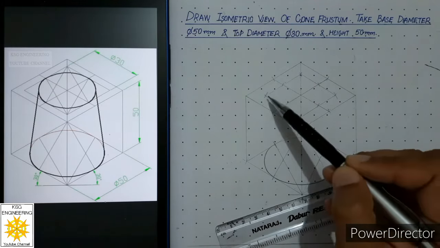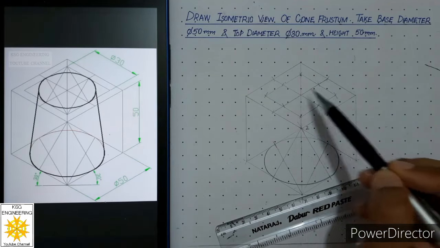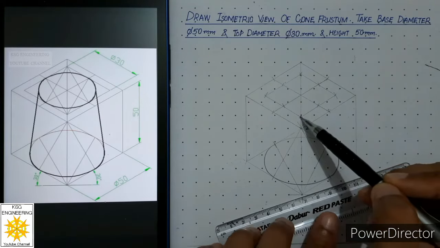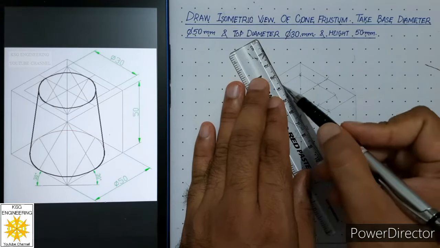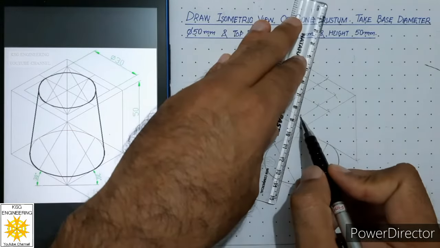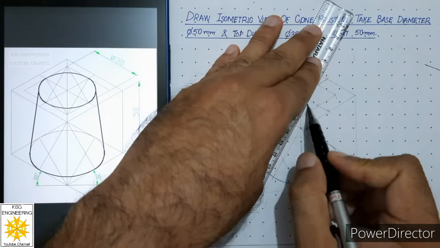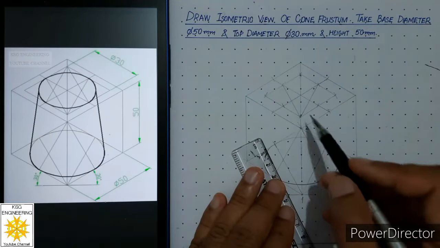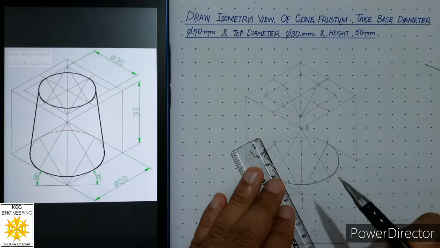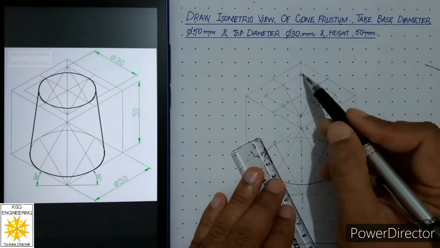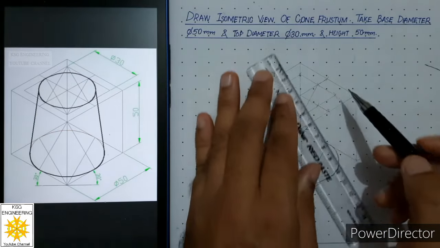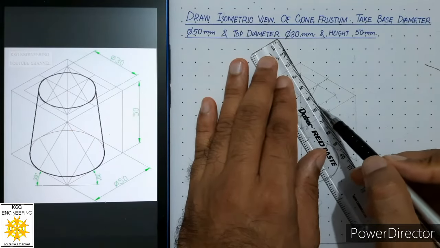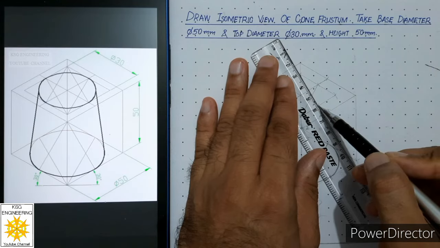For this center, these two are the opposite sides, and these two are the midpoints. So from this center, draw a thin line to the midpoint of the opposite side. Same step we will do from the other center: these two are opposite sides, these two are the midpoints, and from that center draw thin lines to the midpoints of opposite sides.